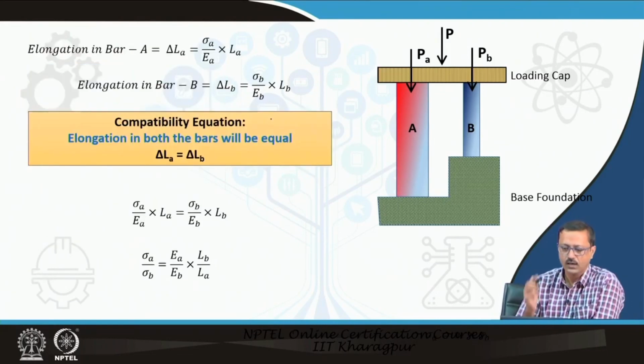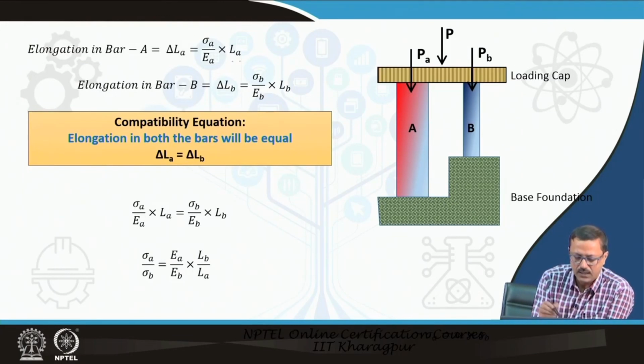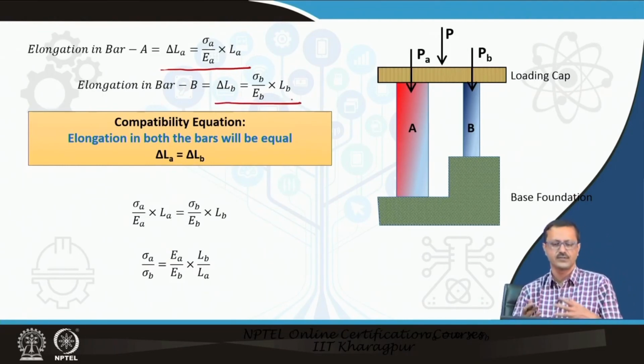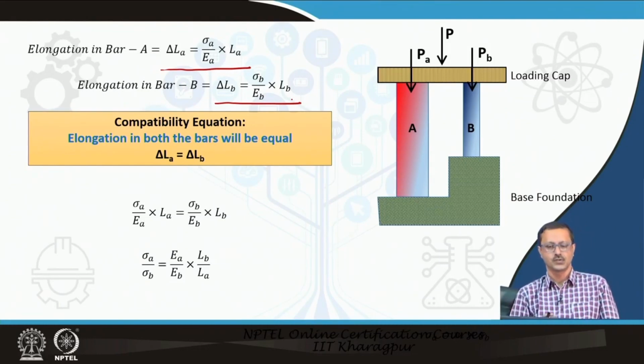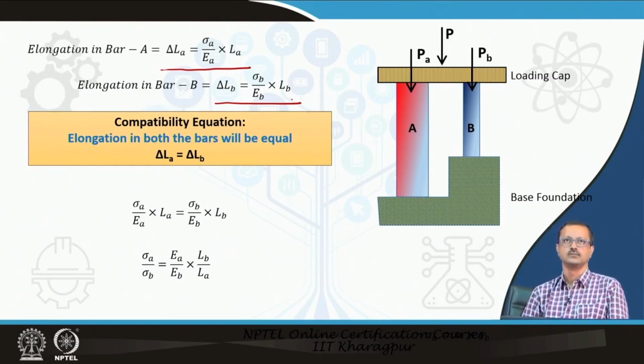Now, I can also find the elongation in bar A by virtue of Hooke's law. This is the elongation of bar A, and similarly this is the elongation of bar B, with suffixes A and B for the respective bars. Now, there is a compatibility equation: these two elongations will be equal.